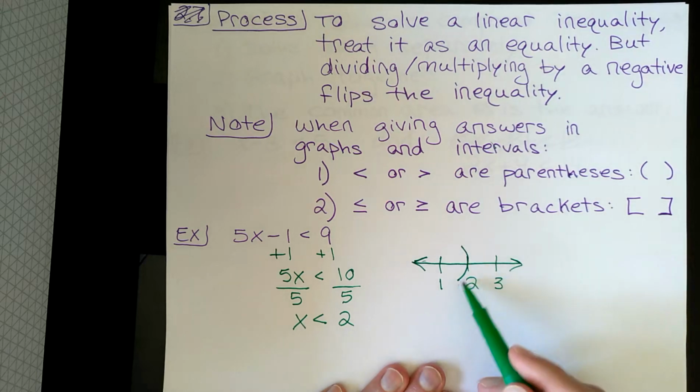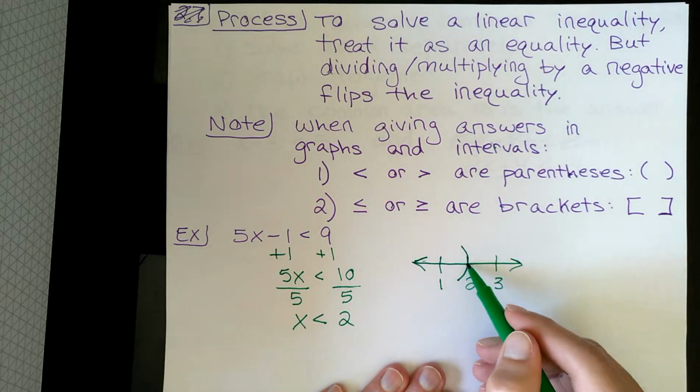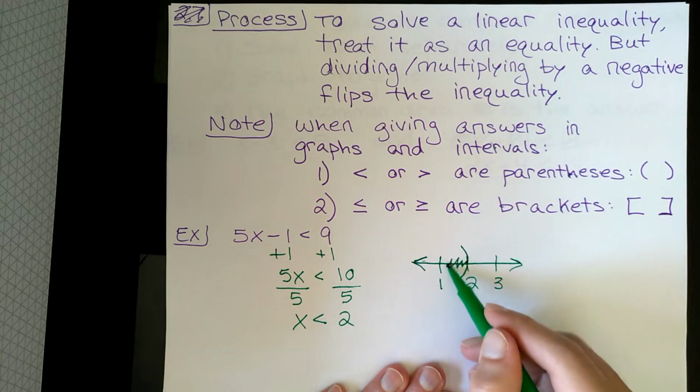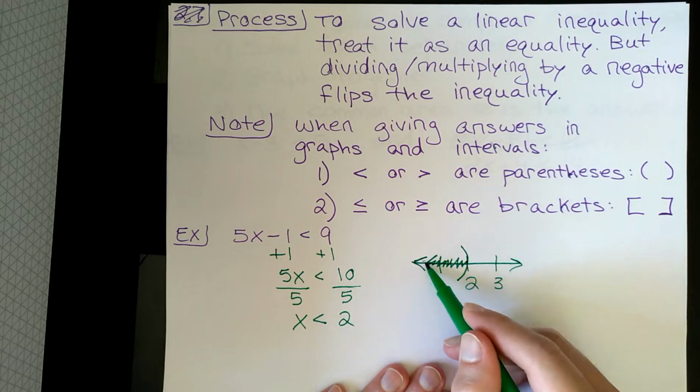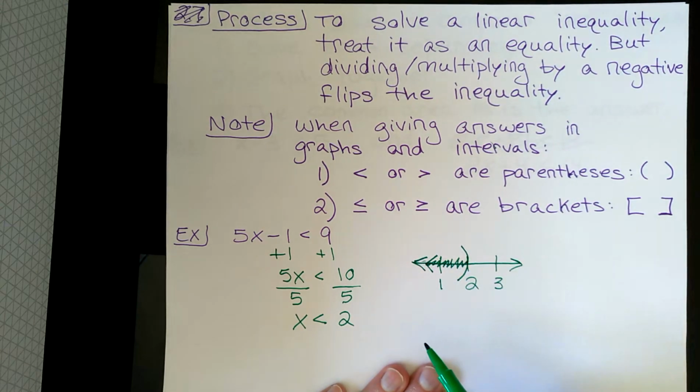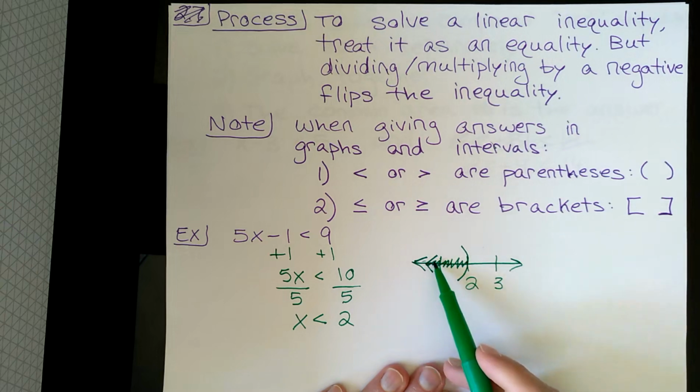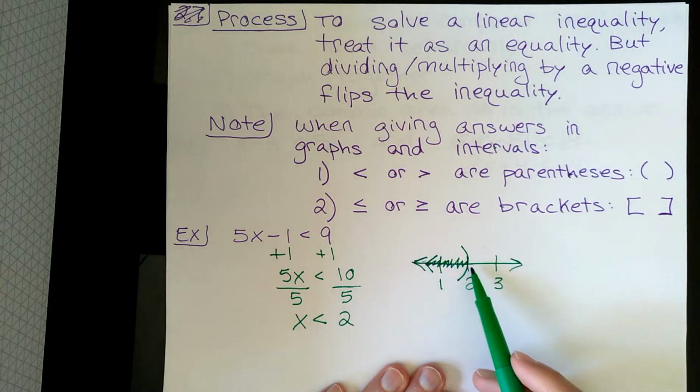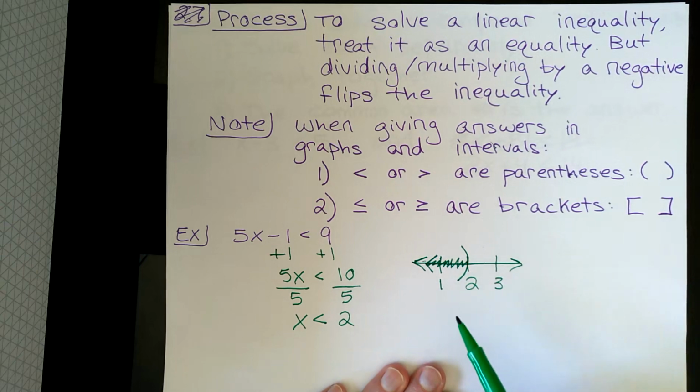So the parenthesis says not 2, but we now shade to the left of 2 and put a second arrow. And this tells us every number that is to the left of 2, not including 2, will solve this problem.